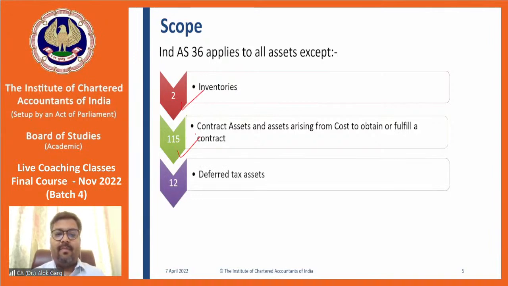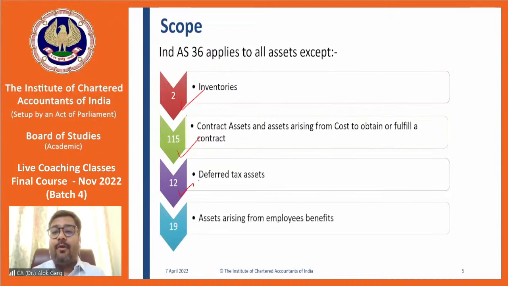Deferred tax assets. For example, you have created a deferred tax asset, right? Why? Because there is a probability of recovery of taxes in future. But tomorrow you are having losses and you don't have any probability of recovery of taxes in future. So of course you have to impair this deferred tax asset, but the impairment of deferred tax asset has to be as per Ind AS 12, not as per Ind AS 36.